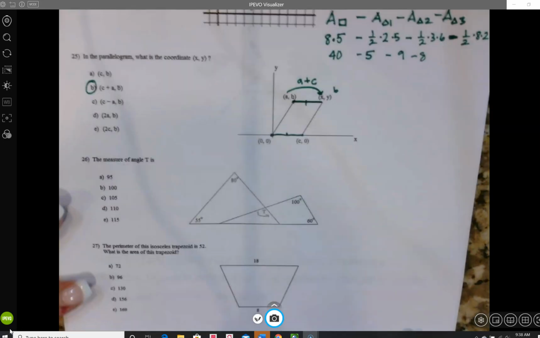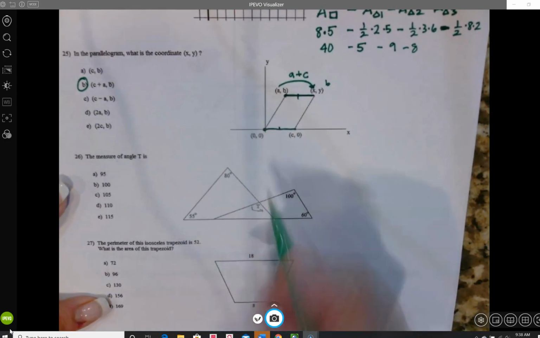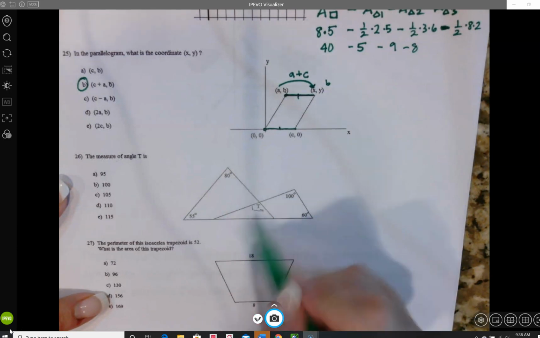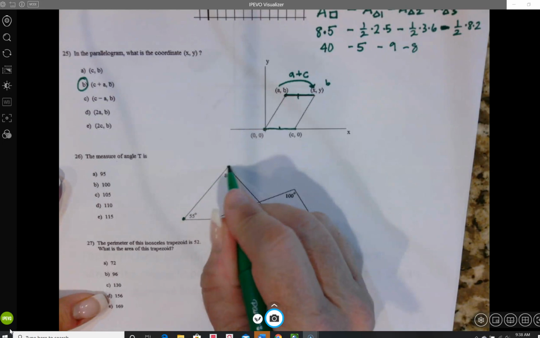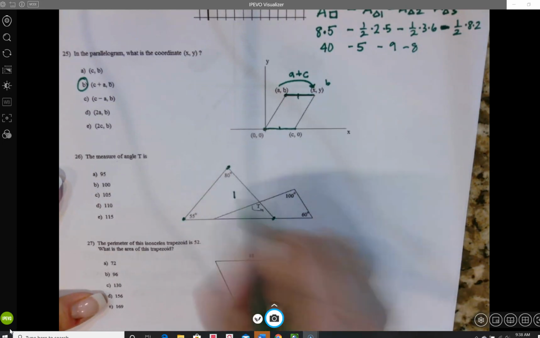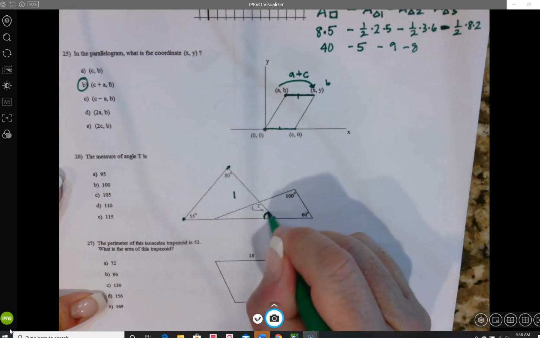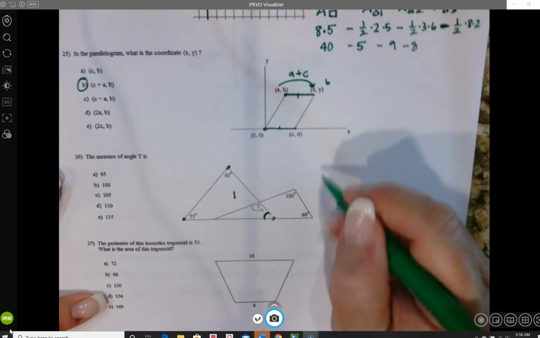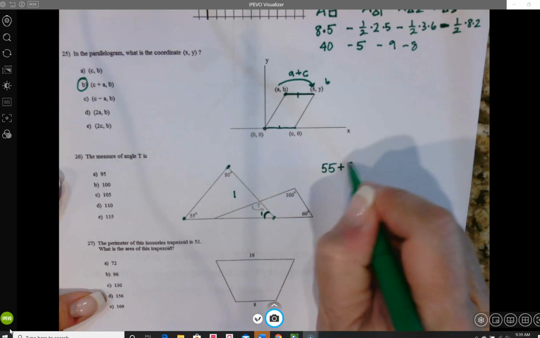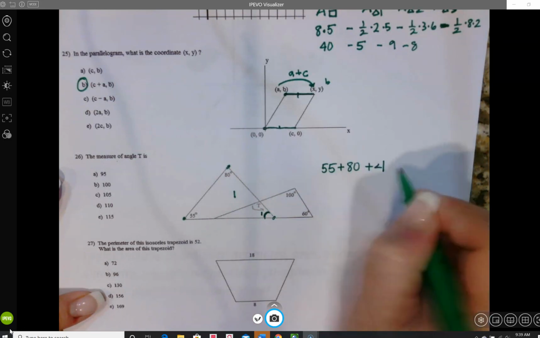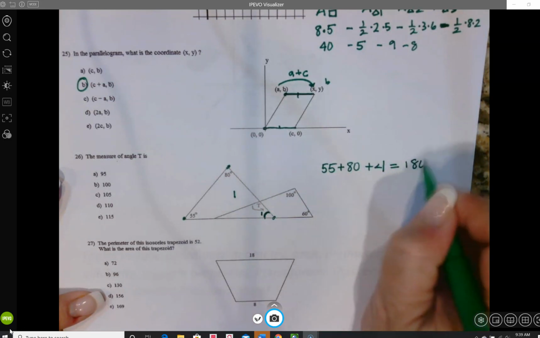Number 26, we're going to use our theorem about the sum of the angles in a triangle adds up to 180. So I'm going to call this triangle 1, and I'm going to find my angle right here. Call that angle 1. So we got 55 plus 80 plus angle 1 equals 180.